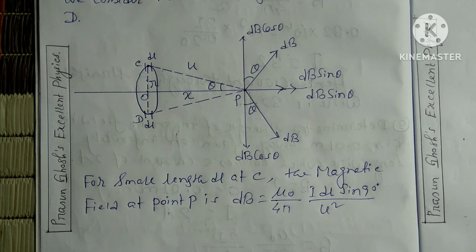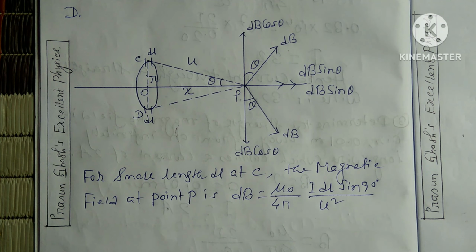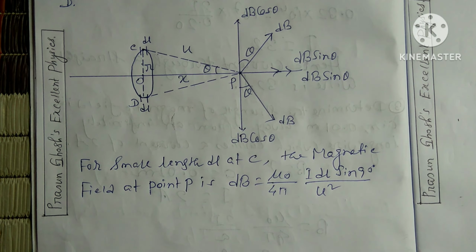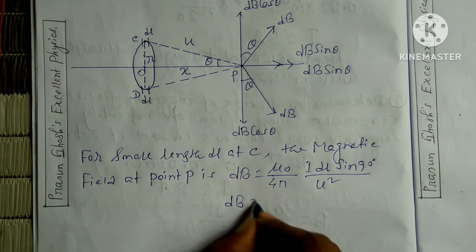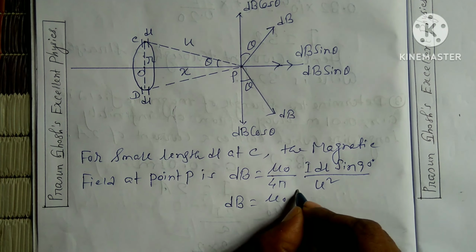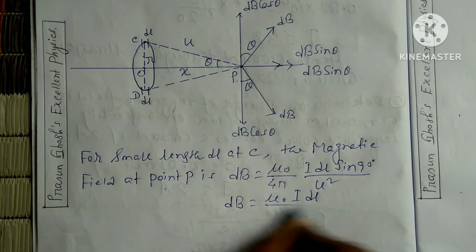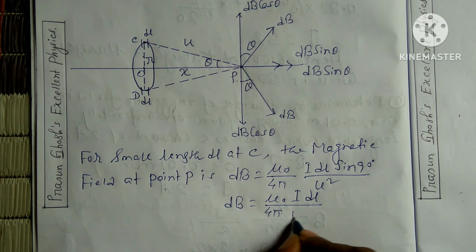So dB equal to mu0 by 4 pi I dl sine 90 by u square. Next, we can write dB equal to mu0 I dl by 4 pi u square.